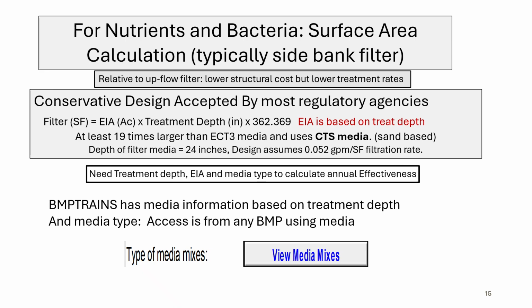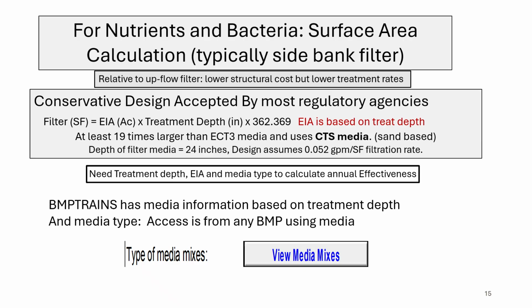To calculate annual effectiveness, you need 3 pieces of information: the treatment depth, the effective impervious area, and the media type. The BMPTRAINS tool contains media information organized by treatment depth and media type, and you can access this information directly from any BMP that uses media.